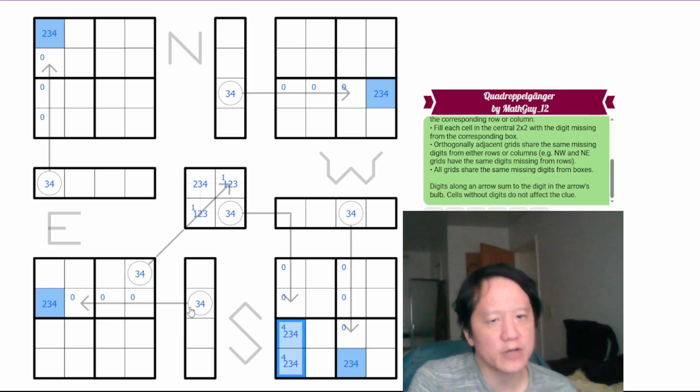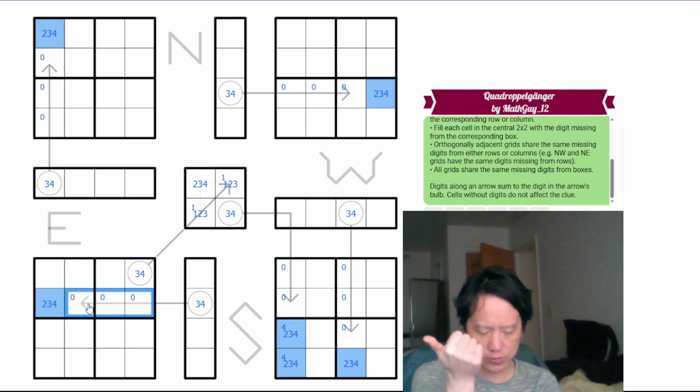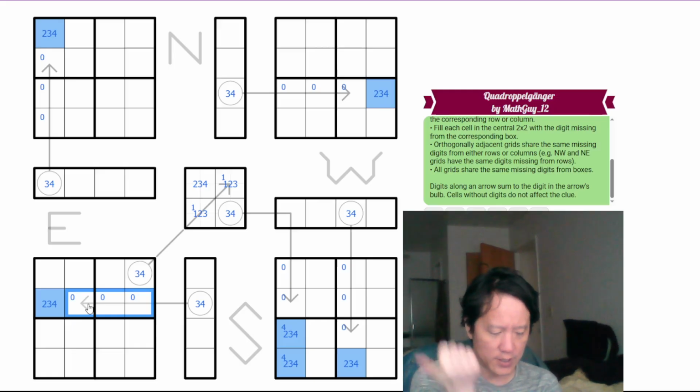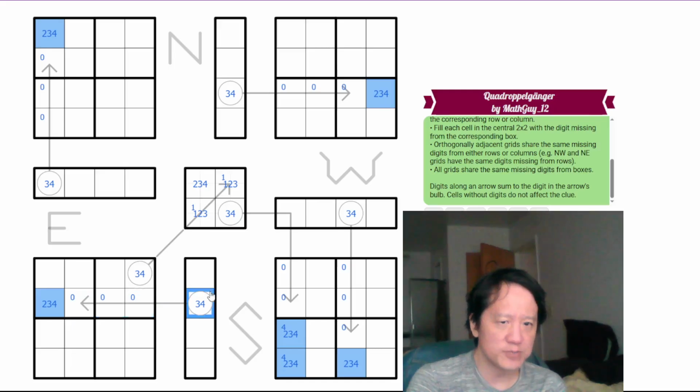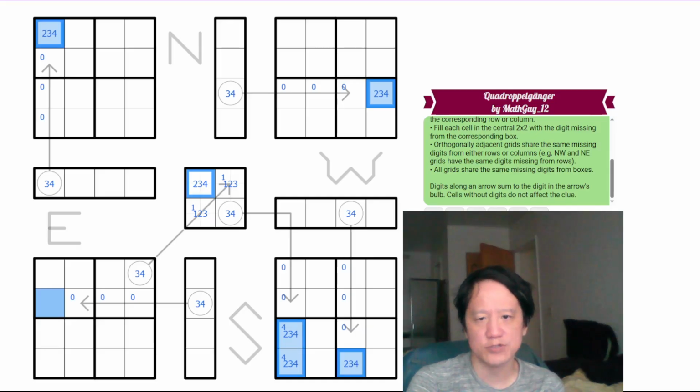Hold up. Okay, so for any set of 3 digits, it's going to be 0, 1, 2 or 0, 1, 3. If it's 0, 1, 2, this must add up to 3. So if this is 0, 1, 2, this is 3, and then this is 4. So I think for all the singleton blue cells, they have to be, well, not obviously this one.